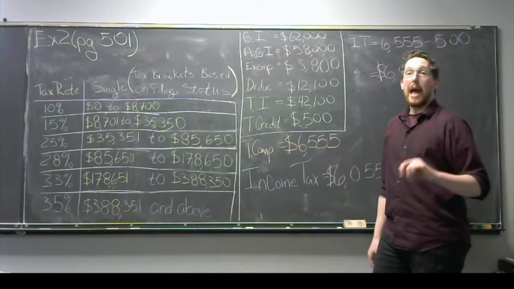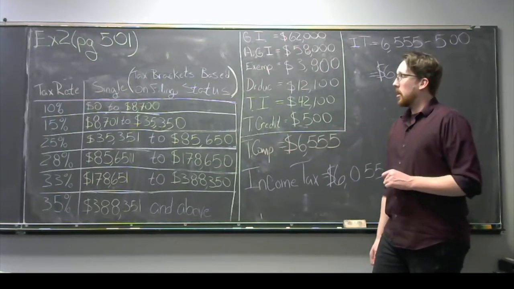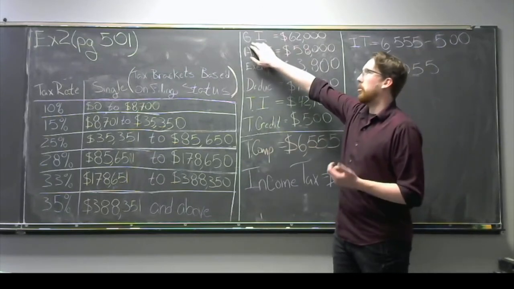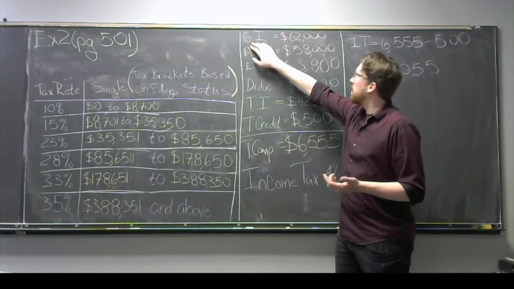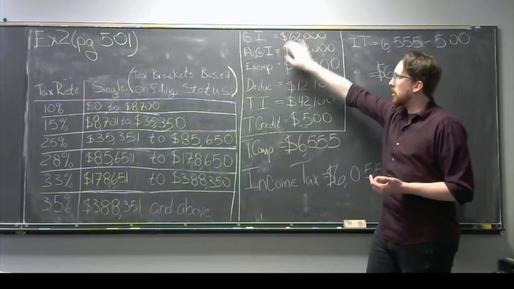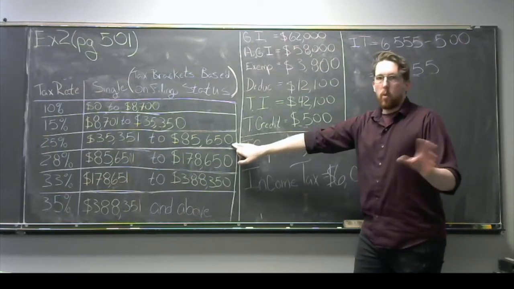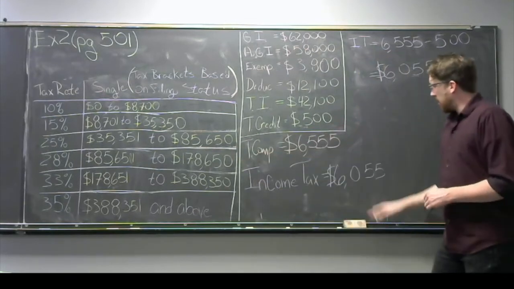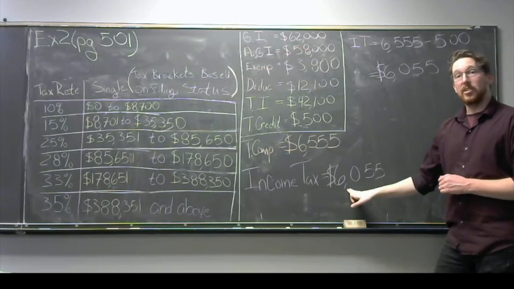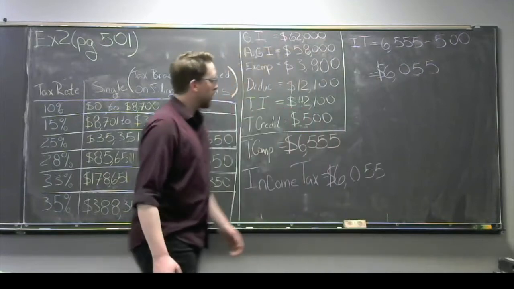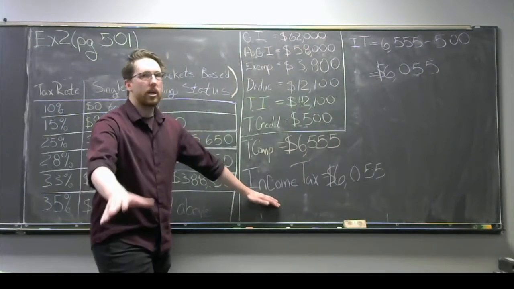And to show how wrong that is, if that was the assumption, if we were to assume that she should be taxed at 25% for making $62,000, that would be way, way larger than the $6,055. Notice she's only taxed about 10% in the end. That's about what her income tax comes out to be.